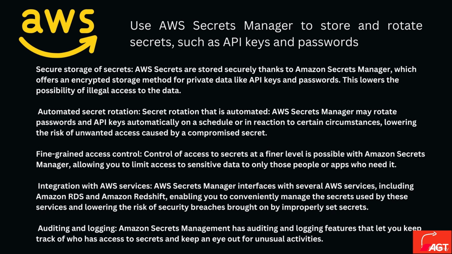In conclusion, AWS Secrets Manager is a crucial tool for enhancing cloud security since it offers a safe and automated approach to manage secrets like API keys and passwords. Using AWS Secrets Manager, you can automate secret rotation, lower the risk of unauthorized access to critical data, fine-tune access controls for secrets, link with other AWS services, and keep an eye out for unusual activities.